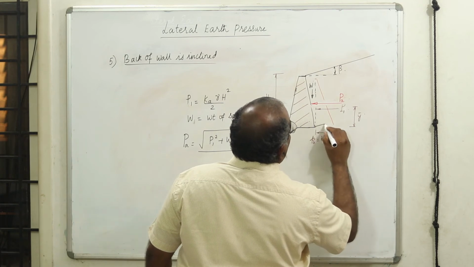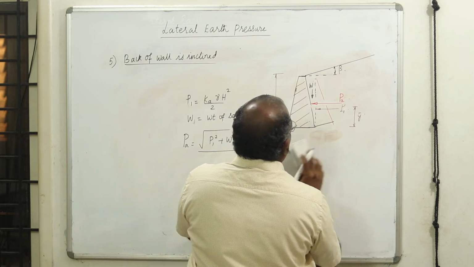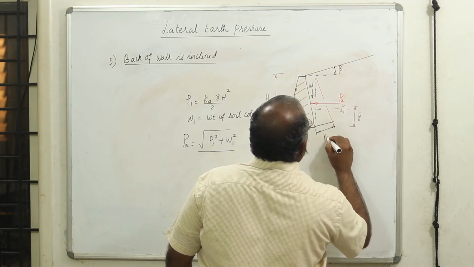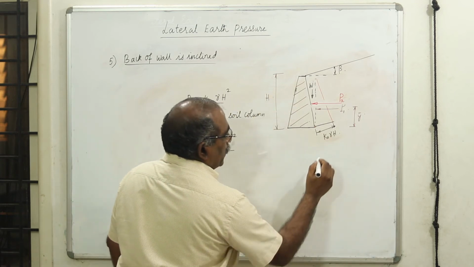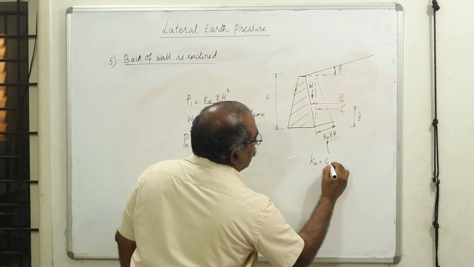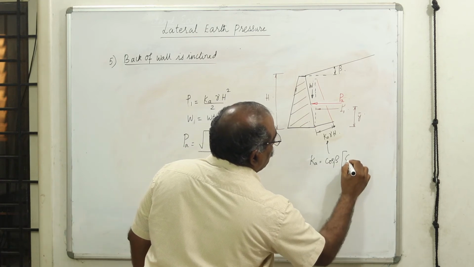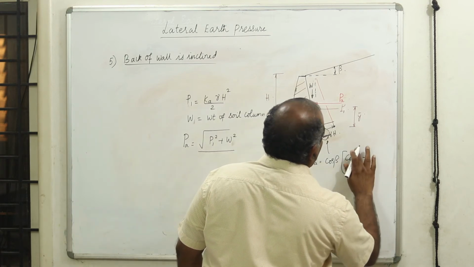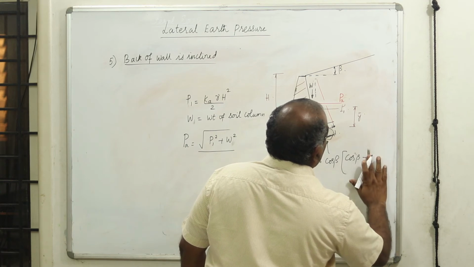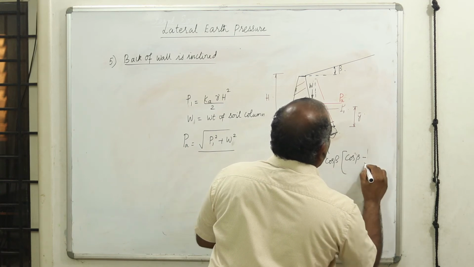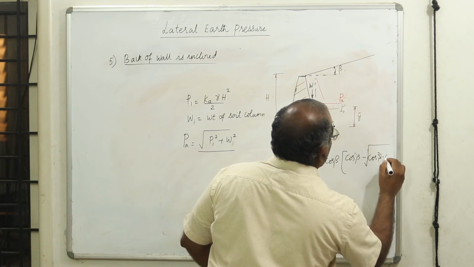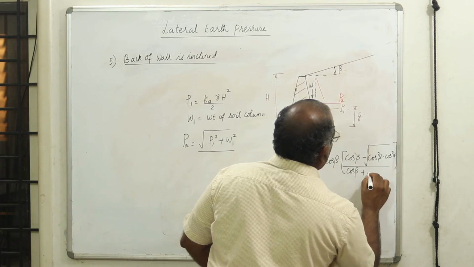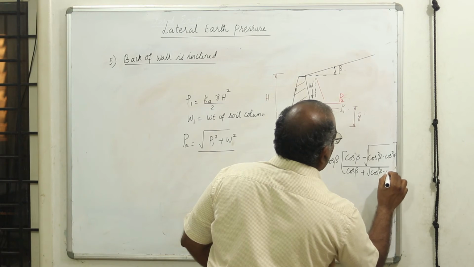This gets changed and your thrust becomes Ka gamma H. Only thing in this case, K is equal to, you have to use this expression: cos beta into cos beta minus the root of cos square beta minus cos square phi, divided by cos beta plus root of cos square beta minus cos square phi.